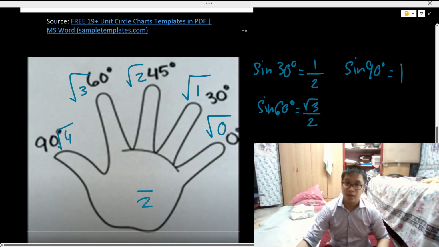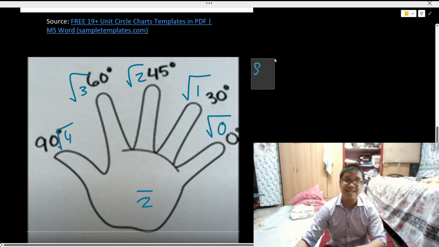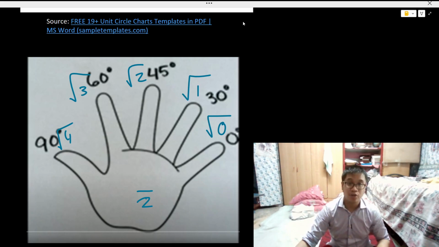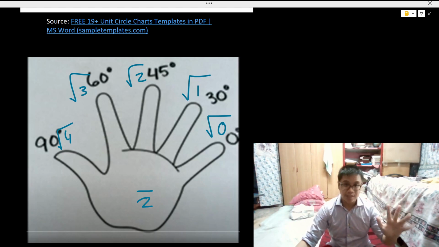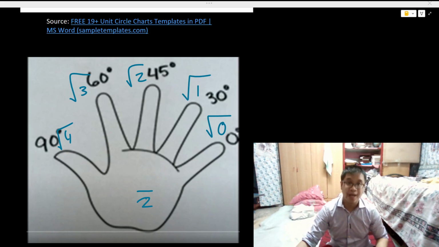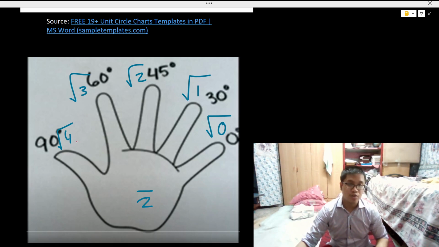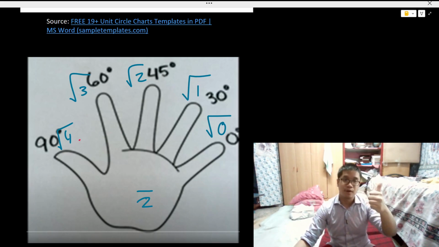Now how about if it's cosine? We're talking about cosine here. So for cosine, what you're going to do is in reverse. Same angles, but you're going to do it in reverse. Reverse of what though? Counting. Let me use my red color for the cosine. So here, you'll start from the thumb.